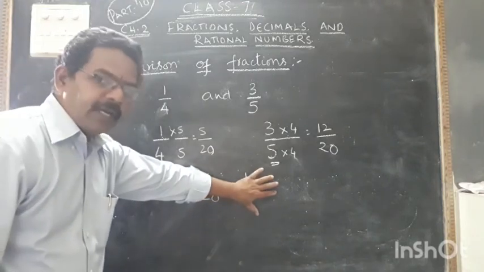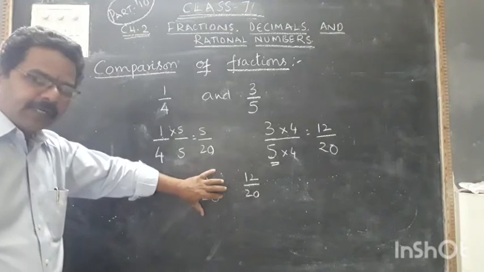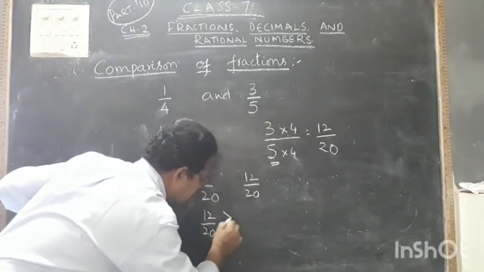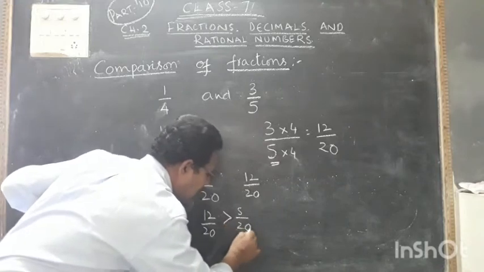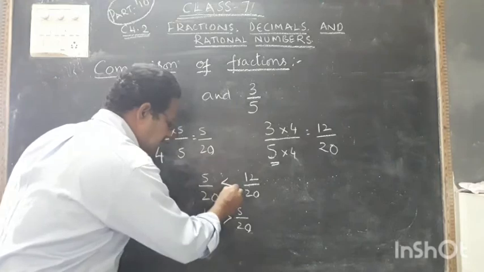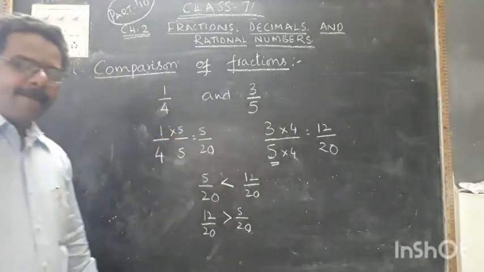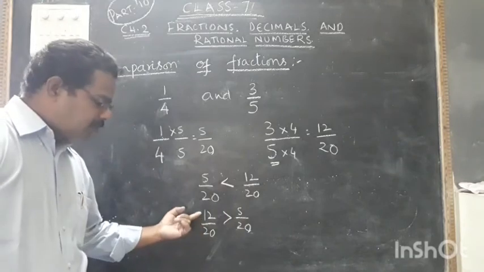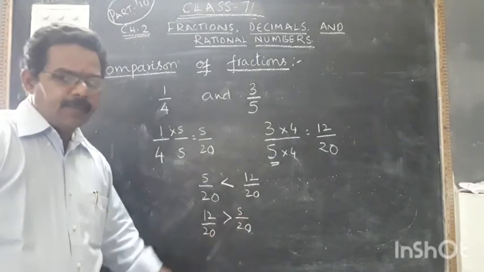So 12 by 20 is bigger than 5 by 20. So we can write 12 by 20 is bigger than 5 by 20. Or else we can write 5 by 20 is less than 12 by 20. Or 12 by 20 is greater than 5 by 20.